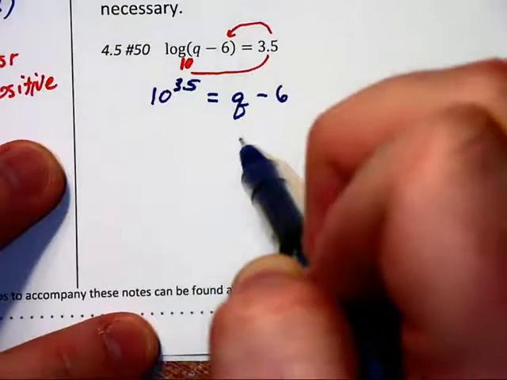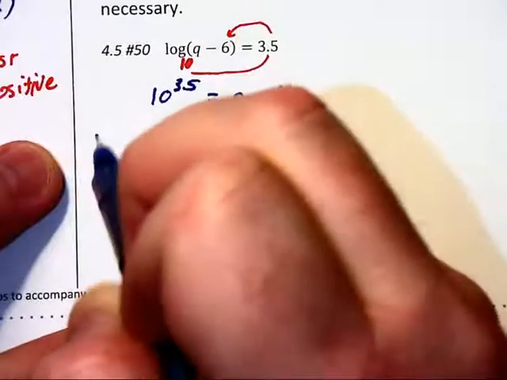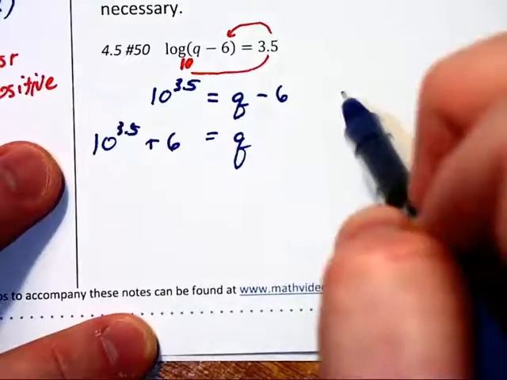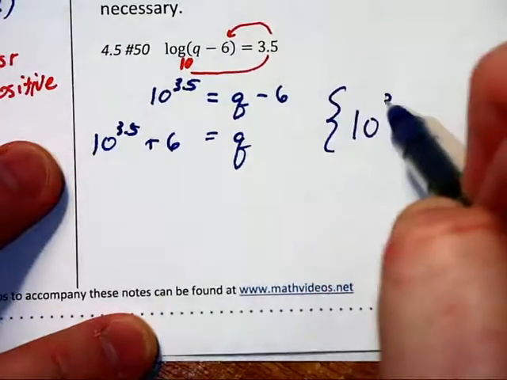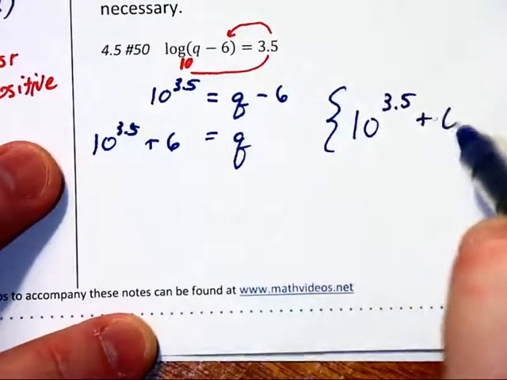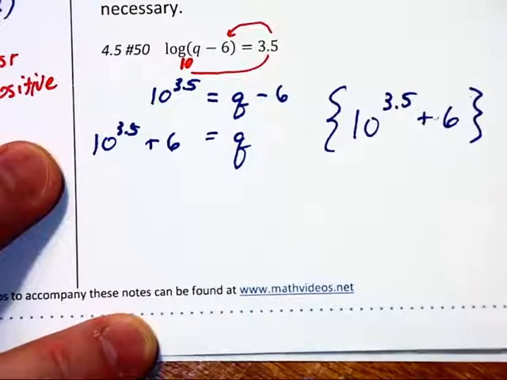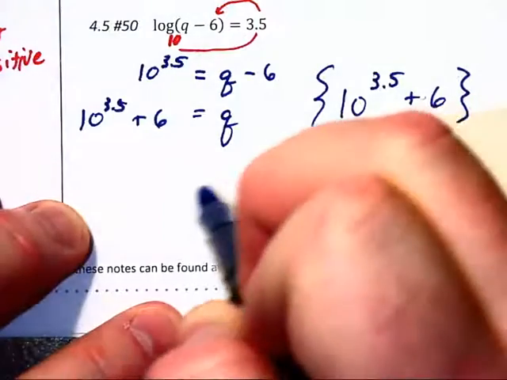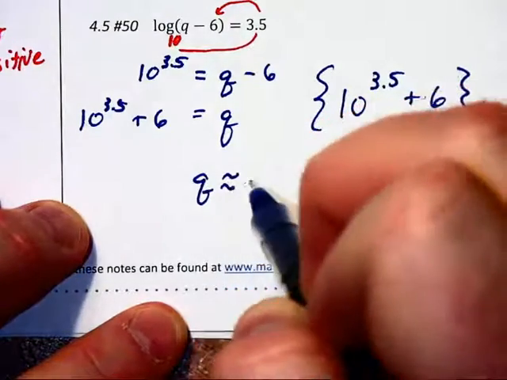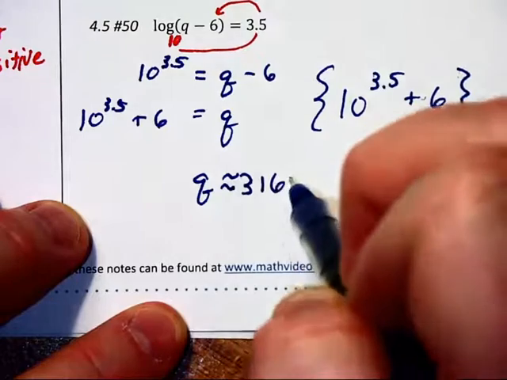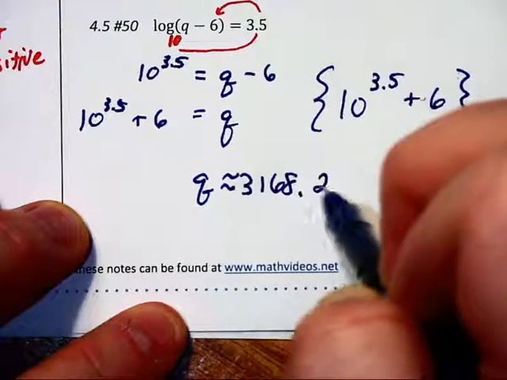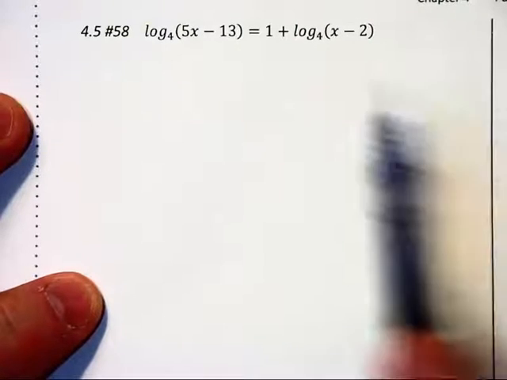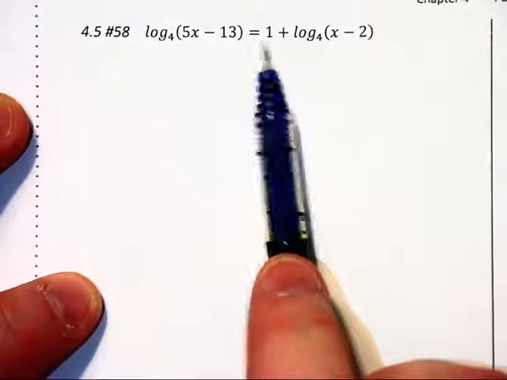And adding 6 to both sides, we now have q is equal to 10 to the 3.5 power plus 6. And that becomes our solution set if we want an exact value. If we want to substitute that into a calculator and get an approximation, then q would be approximately 3168.2777.